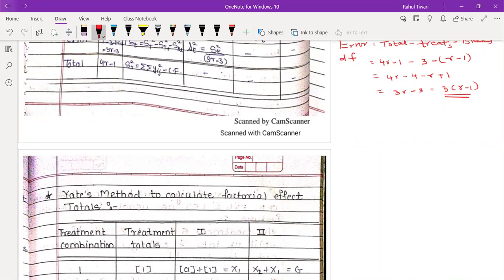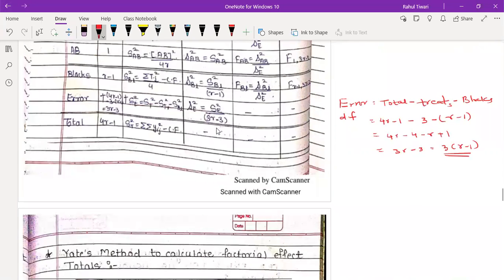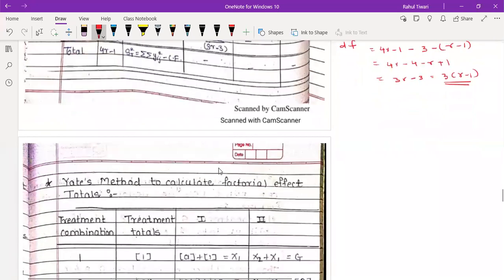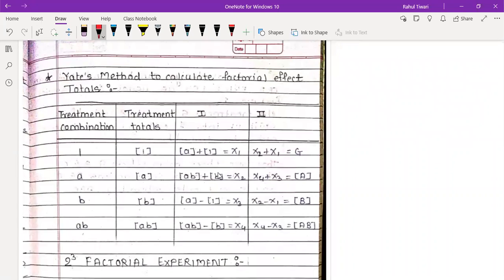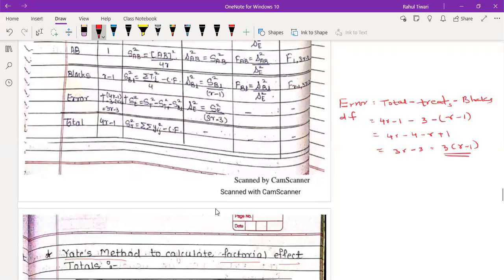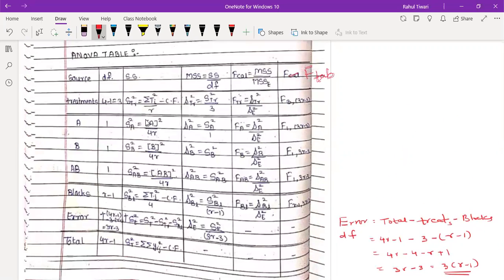Then once you are done with that analysis part, one has to use the Yates method to calculate the factorial effects. As I said, we need to calculate what are called factorial effects, bracketed A, bracketed B. So how do we get this bracketed A?